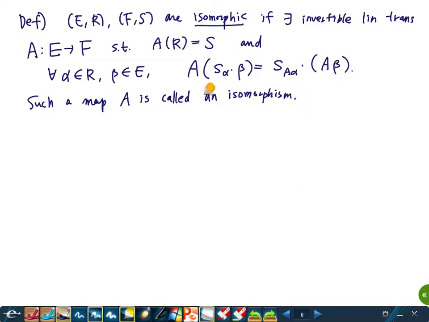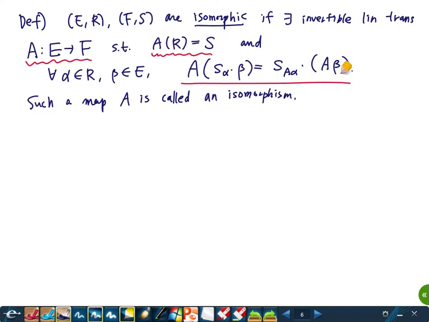So what's the meaning of this? We must have this invertible linear transformation, meaning it's an isomorphism between vector spaces, right? That's something we must have, for sure. And we want to send all the roots here to all the roots there, right? And moreover, this is the condition that we will consider a little bit. We have a root, and we have this kind of Weyl group element, and this can be translated exactly like that.